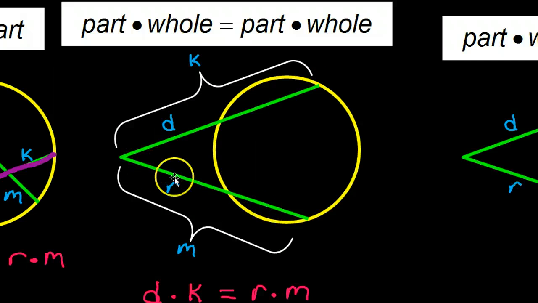So again, looking at this lower secant segment, it's got to be the external part times the whole thing. D times K equals R times M. Part times whole equals part times whole.